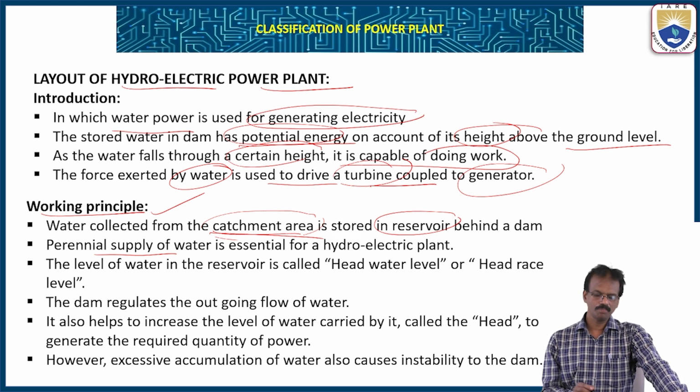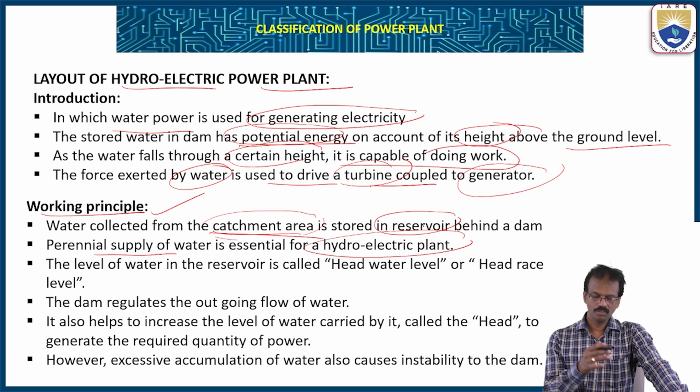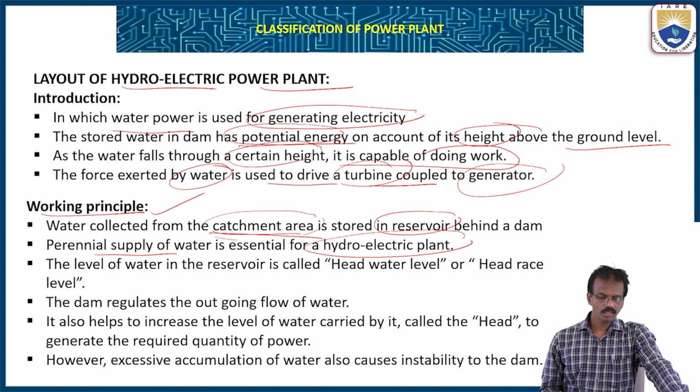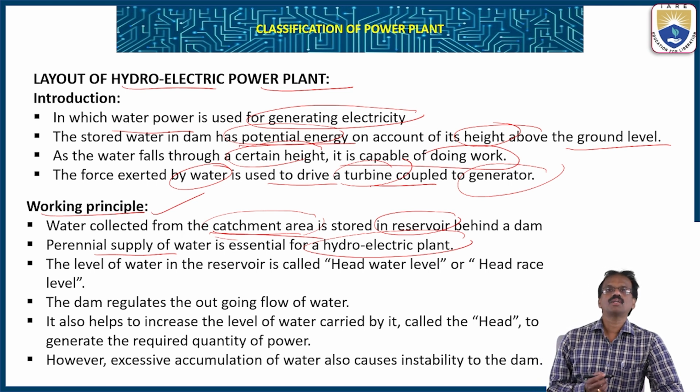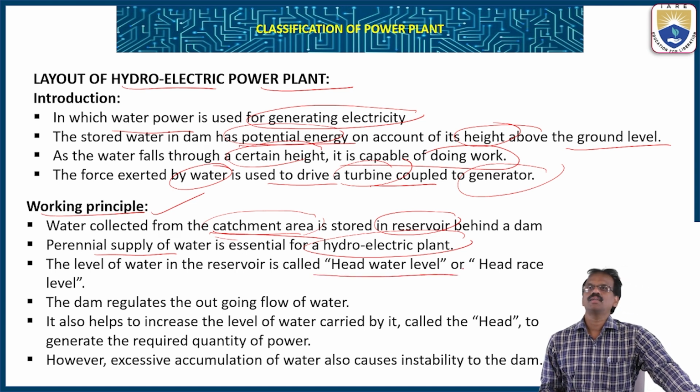The continuous supply of water is essential for a hydroelectric power plant. For the continuous supply of water, the turbine will run, and automatically the connected shaft of the generator will also run. Next, the level of water in the reservoir is simply called the head water level.